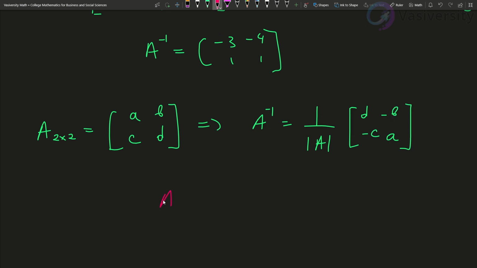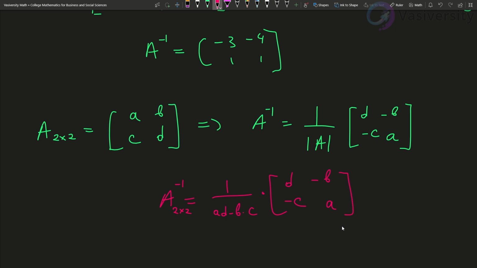So the full formula here is A inverse of a 2 by 2 is going to be 1 over A times D minus B times C, so this is a coefficient, multiplied by D, -B, -C, A.